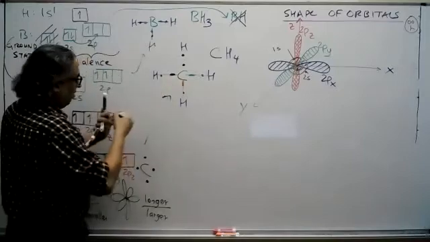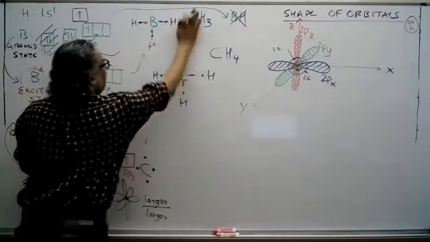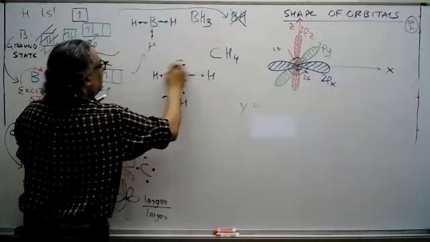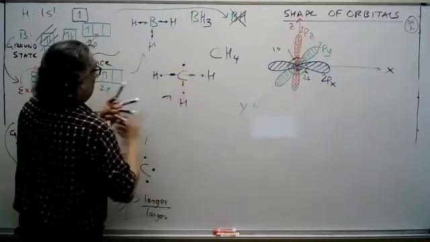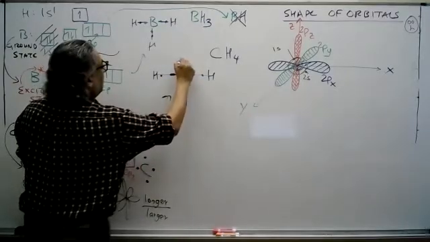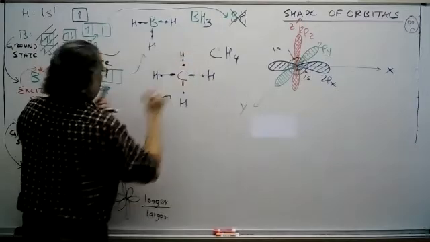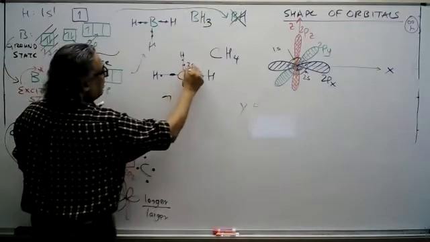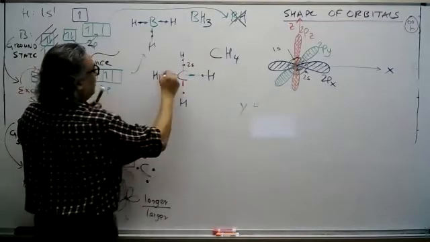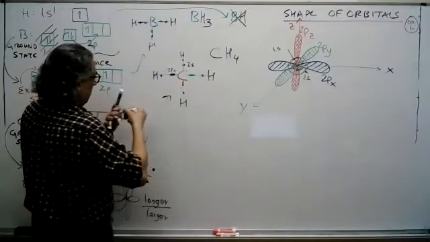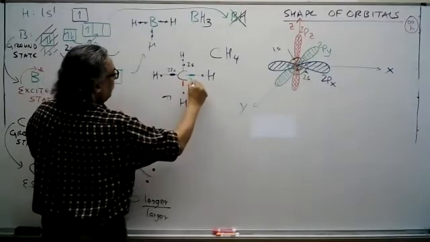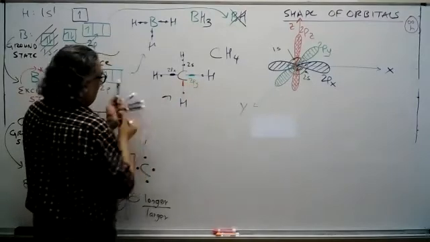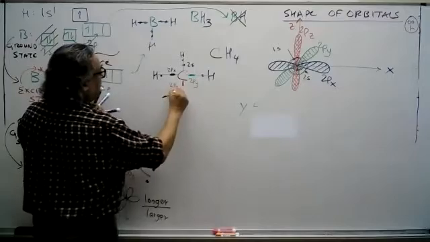This is one bond. And this is the 4th bond. This is 2s. This is 2px. This is 2py. And this is 2pz.